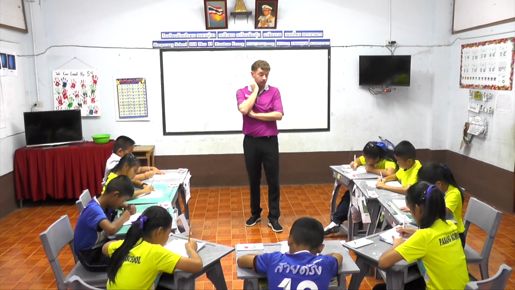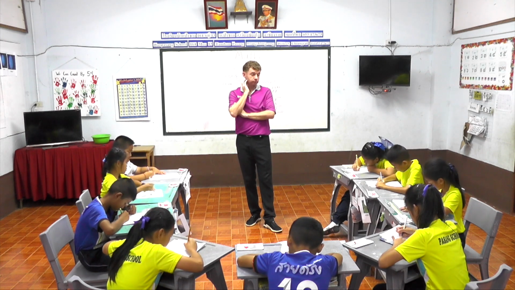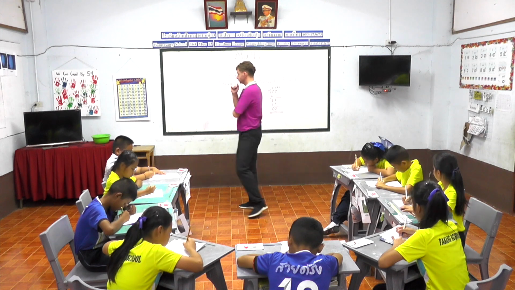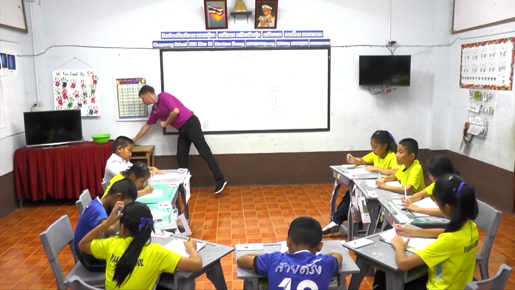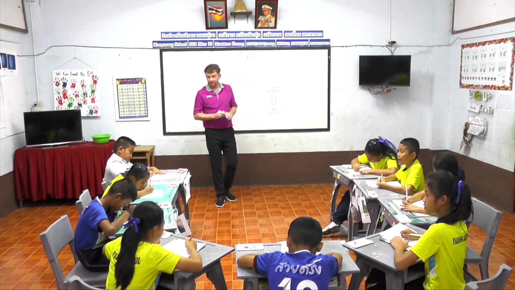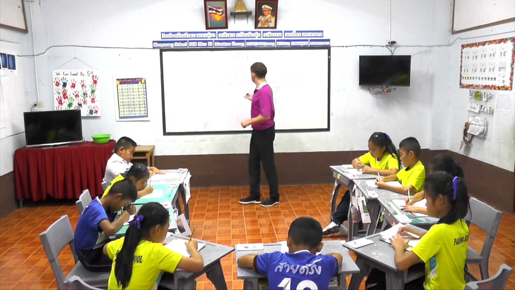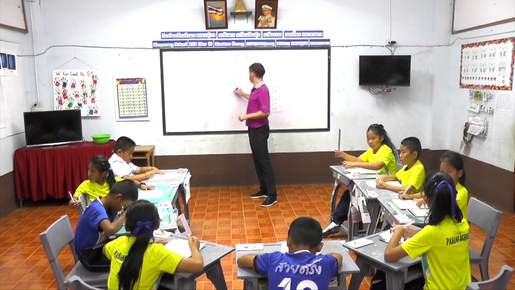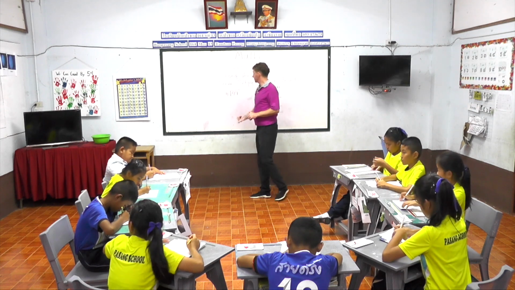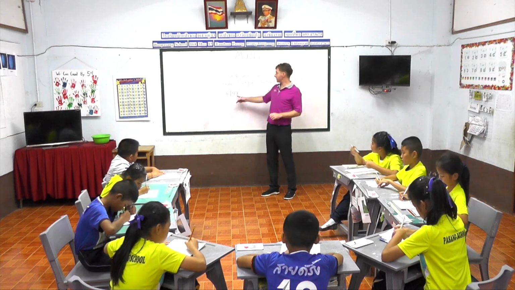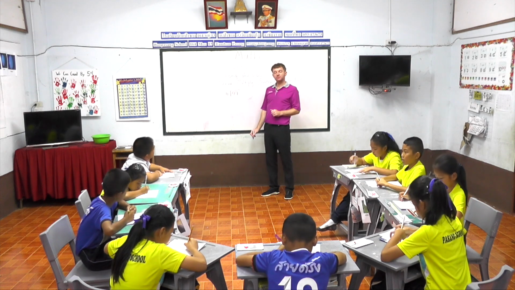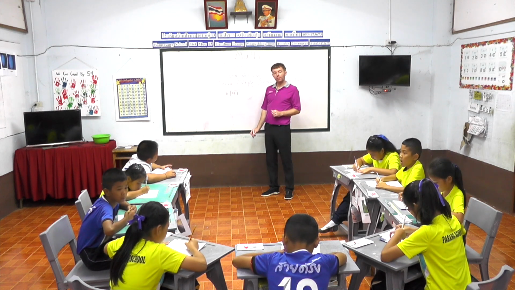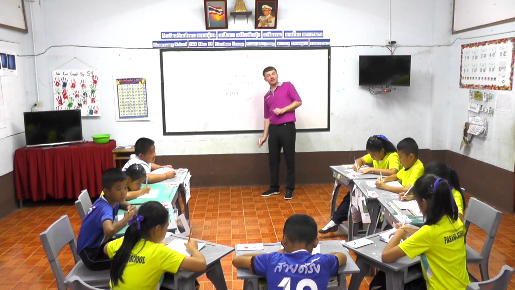Excellent, well done, Pangpon. 97 divided by 4. How about we do the first one together? Net? 9 divided by 4, how many times? How many times does 4 go into 9, guys?